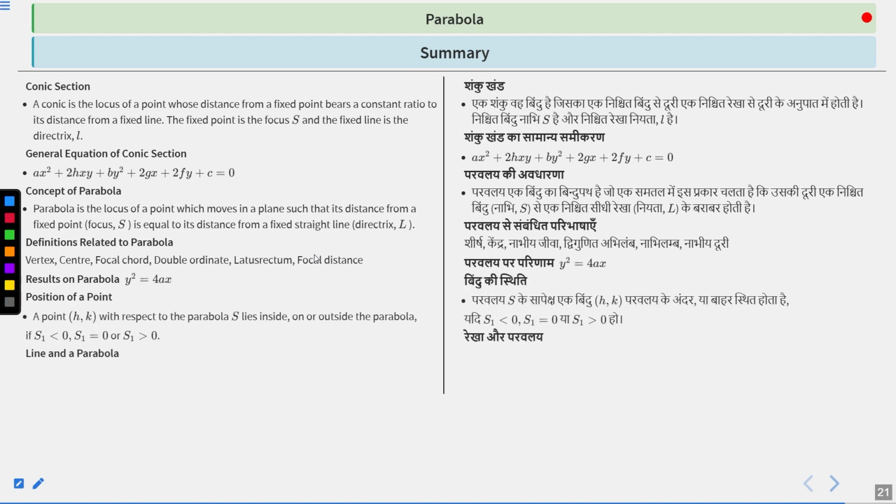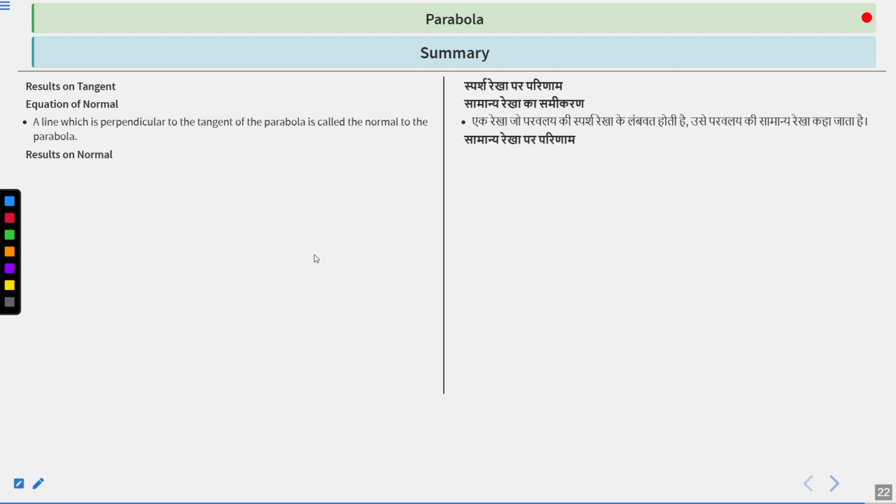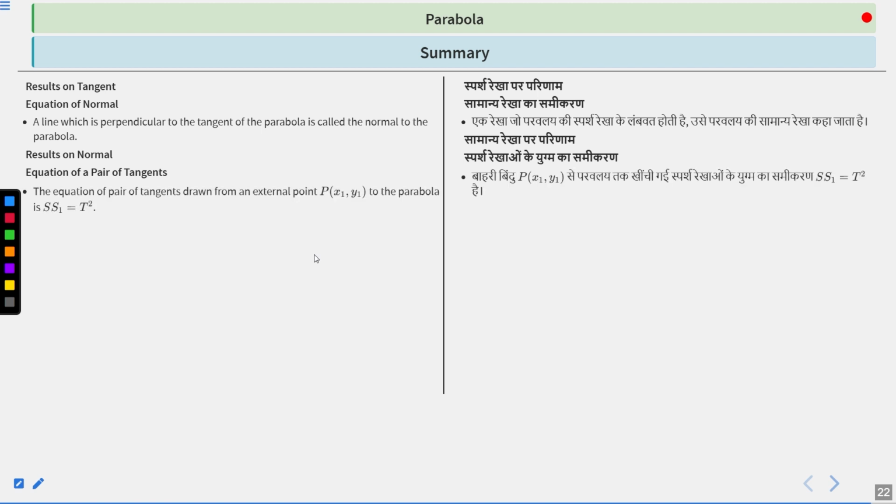Clear? After that, we have seen the line and the parabola. We have seen the equation of tangent, which is yy1 is equal to 2a (x plus x1), right? We have seen results on tangents, the equation of normal, and results on normals. After that, we have seen the equation of the pair of tangents to a parabola, which is basically S S1 is equal to T square.